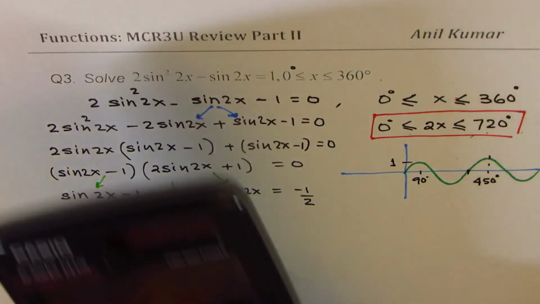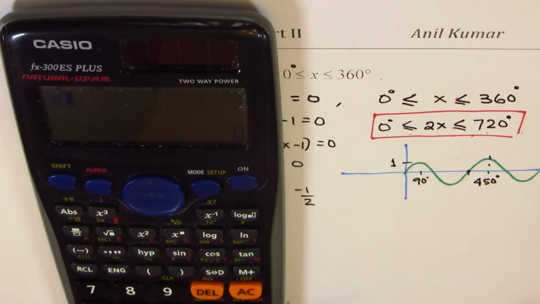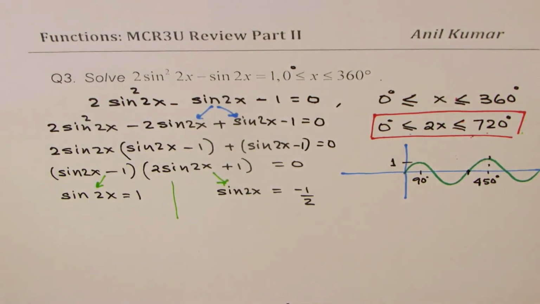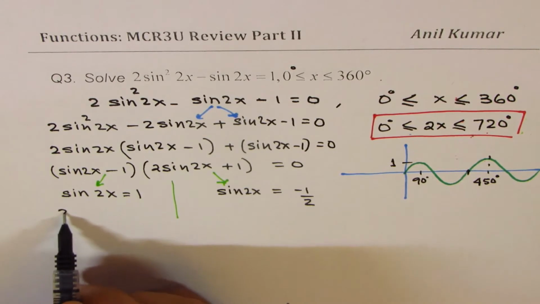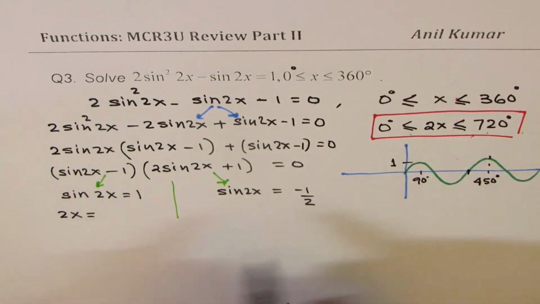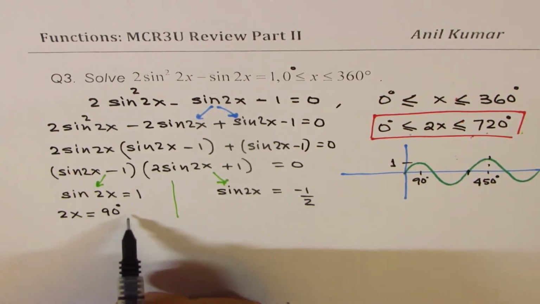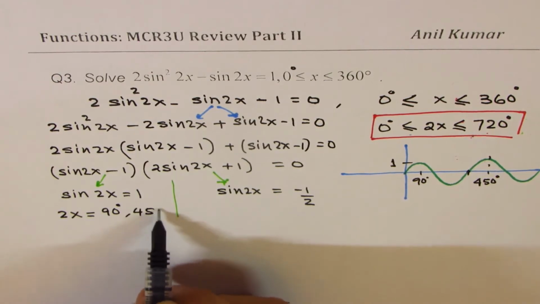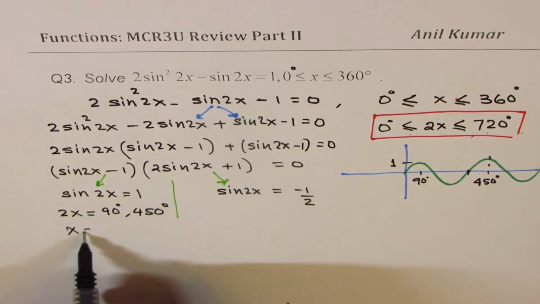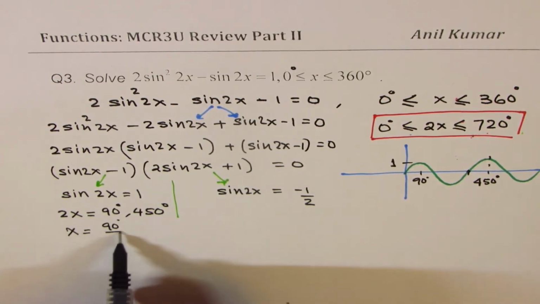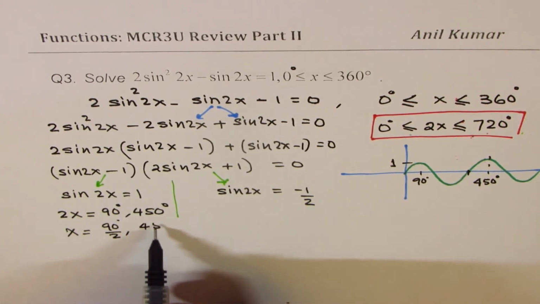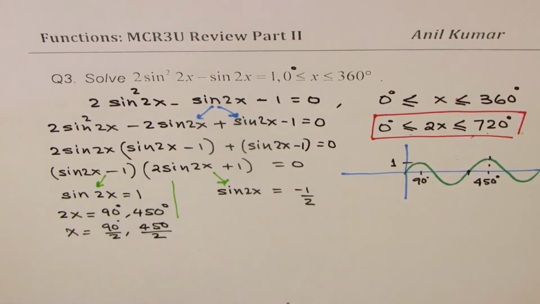You can always use your calculator. So you get 90 plus 360, which is 450 degrees. So for 2x, we have two solutions. One is 90 degrees, the other one is 450 degrees. And for x, we are going to divide them by 2. Do you see that?